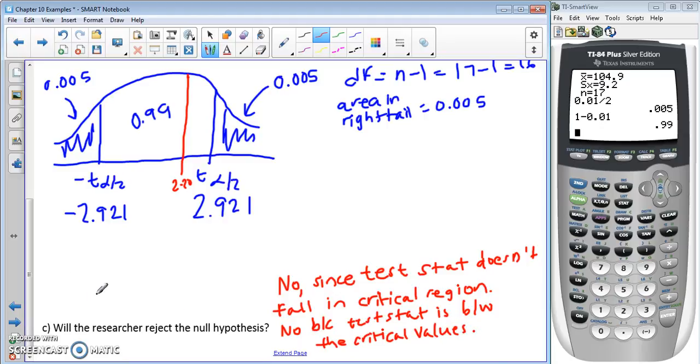So since we do not reject, that means that there's insufficient evidence to conclude the alternative at the alpha equals 0.01 level of significance.